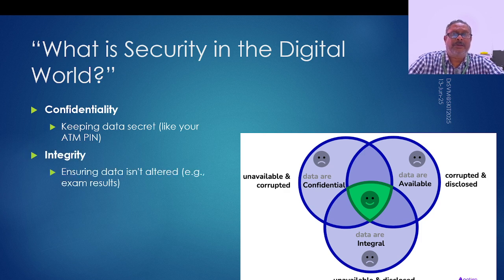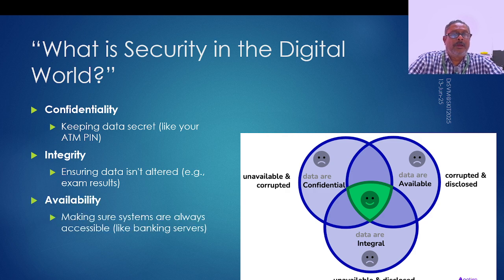The second is integrity, which ensures that the data isn't altered, that whatever data we have in our system is not tampered with or modified by anyone. And the third is availability, making sure that the systems are always accessible, not that sometimes it is available and sometimes it is not.